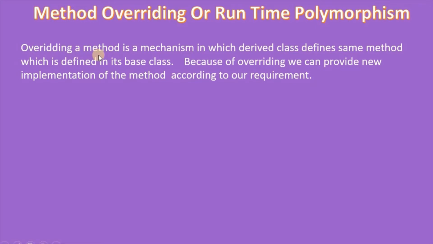Overriding a method is a mechanism in which a derived class defines the same method which is defined in its base class. Because of overriding, we can provide a new implementation of the method according to our requirement.